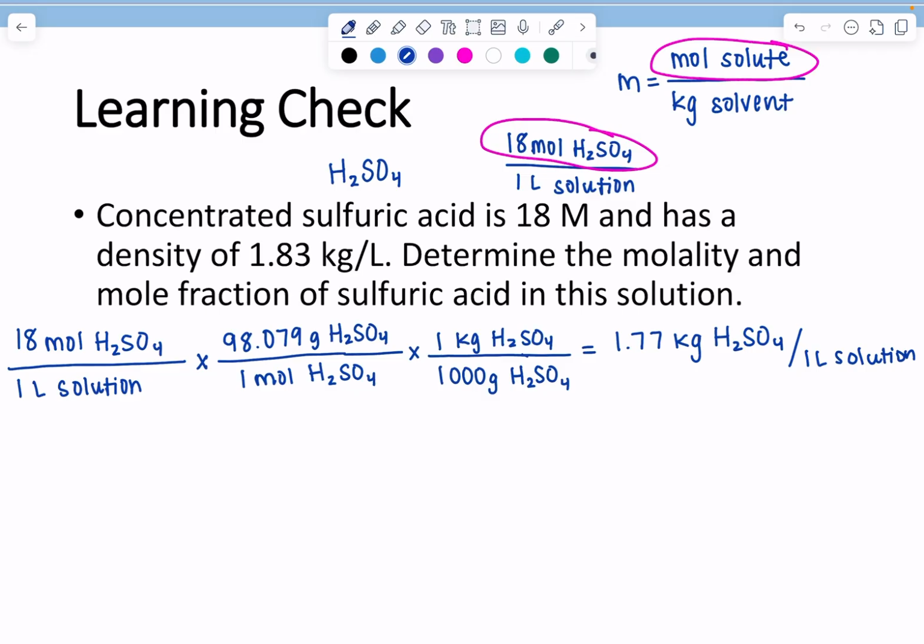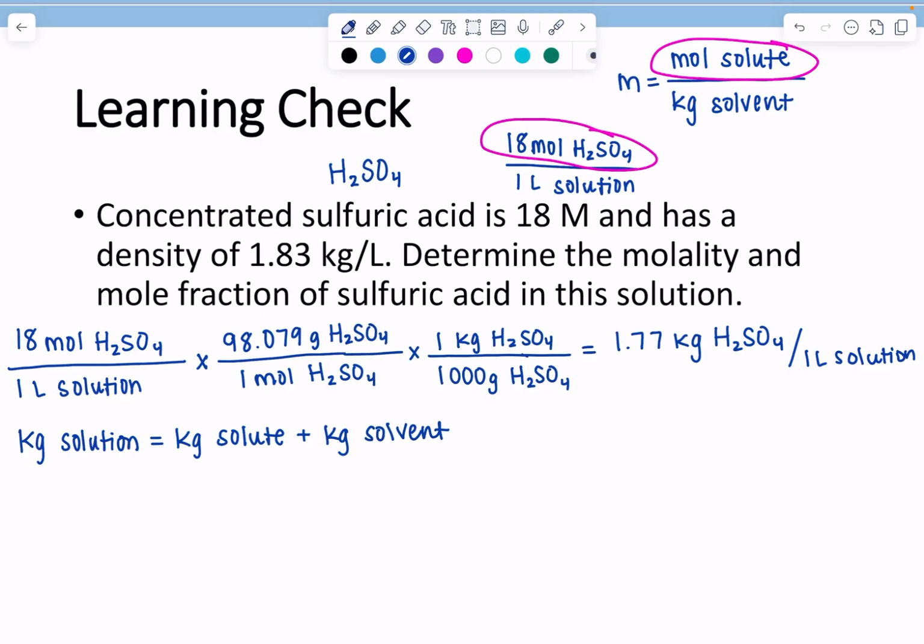So again, we need to find kilograms of the solvent. We have kilograms of the solute. Let's remember that kilograms of the solution, everything together, is kilograms of the solute plus kilograms of the solvent. We found kilograms of the solute, that's the 1.77 kilograms of H2SO4.